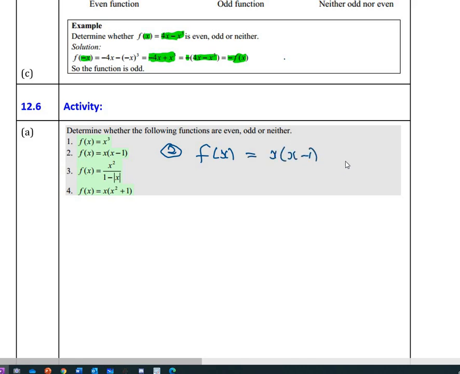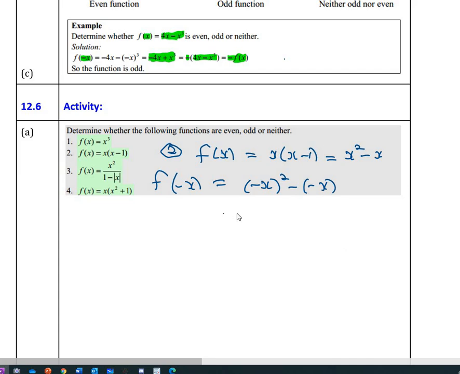You can multiply it out if it's going to be easier for you, of course. x squared minus x. This is what the original looked like. So now we work out f of negative x. So it's (negative x) squared, I'm going to use my brackets, minus (negative x).